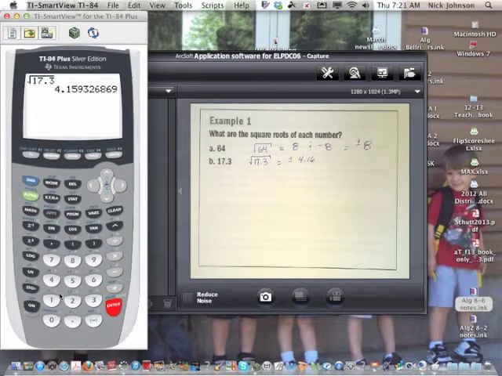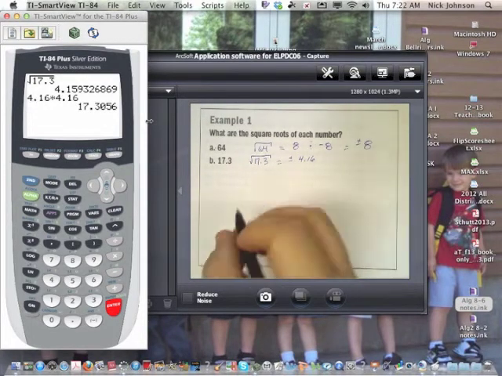Now, what you need to remember is this is not an exact answer. If you typed in 4.16 and multiplied it to itself again, it is 17.3056.